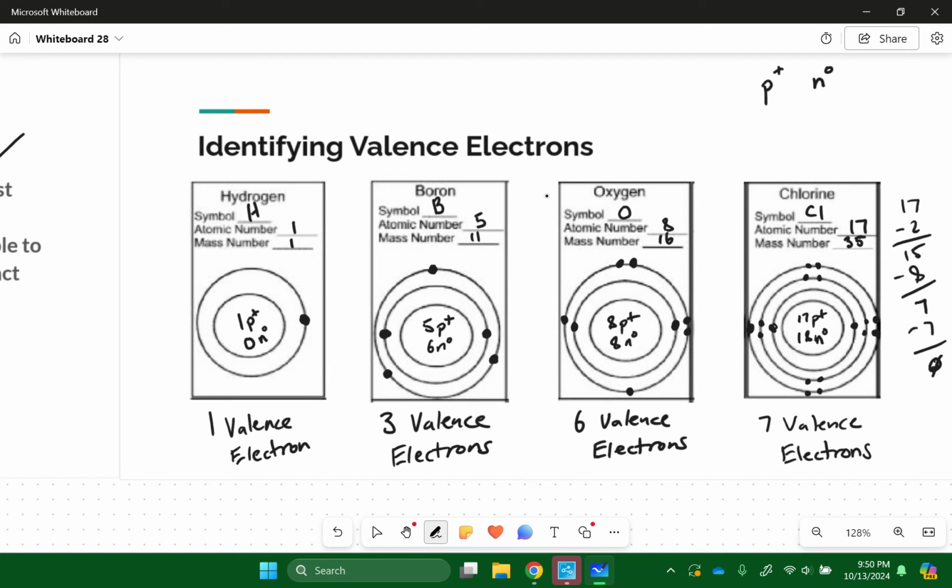And those don't play as big of a role as we'll see later on compared to valence electrons. So remember, valence electrons, you find the outermost ring that has electrons on it, and then you just count how many electrons are on that ring.